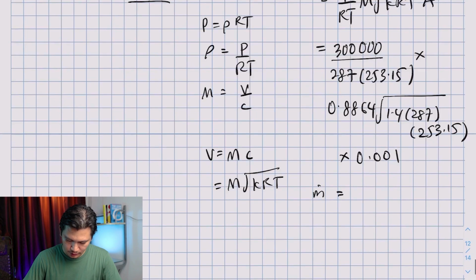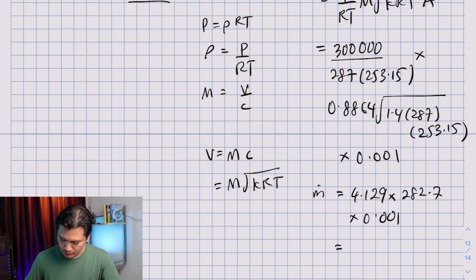And my mass flow rate becomes: 300,000 divided by 287 divided by 253.15 is 4.129, times the square root of 1.4 times 287 times 253.15, which is 282.7, times 0.8864 times 0.001. You end up with 1.167 kilograms per second.